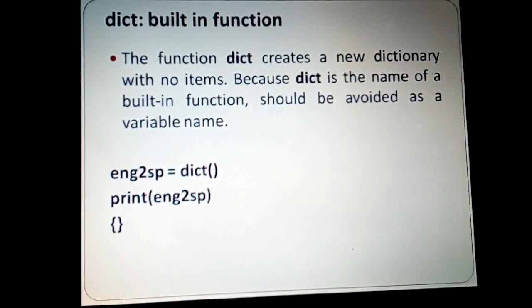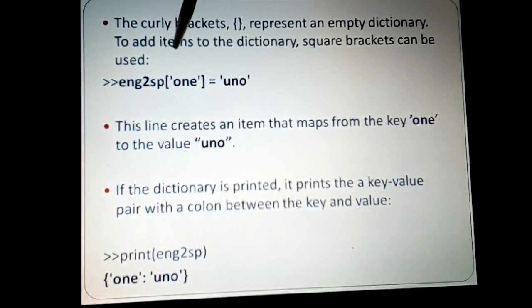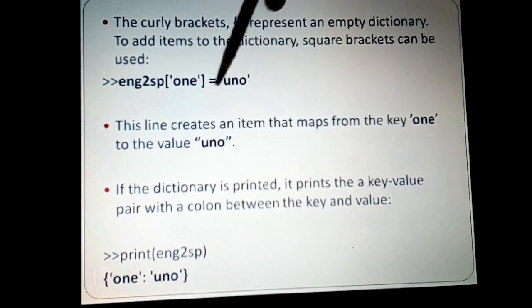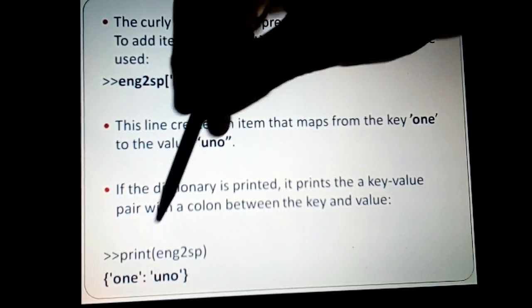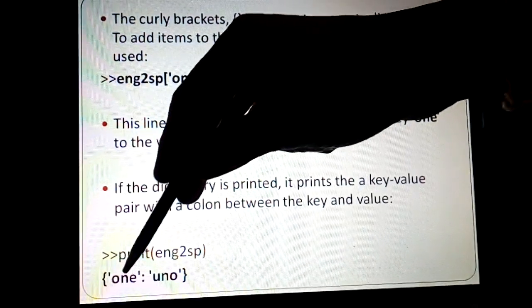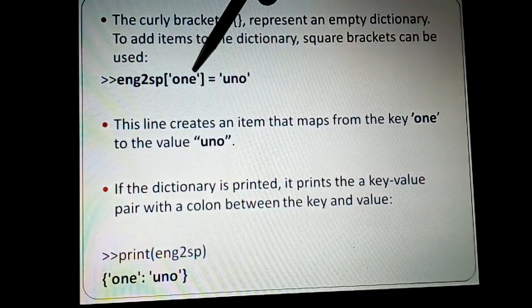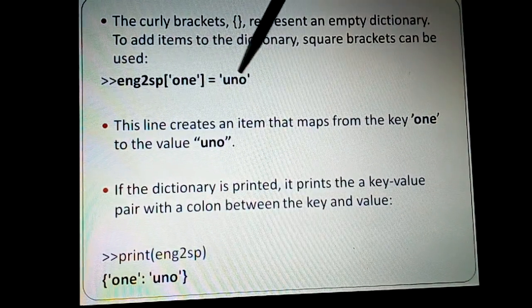Now with this understanding, for example, if I have English to Spanish and I have created an index, 1 equals some value, and if I print English to Spanish, then I would get 1 colon the value.